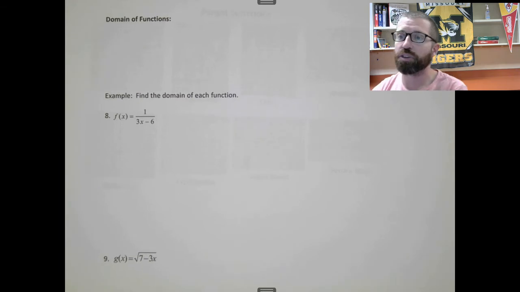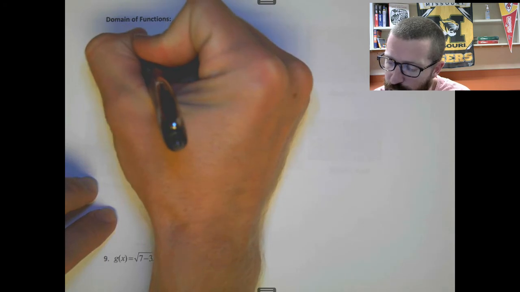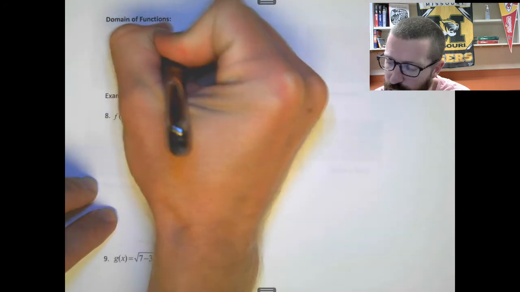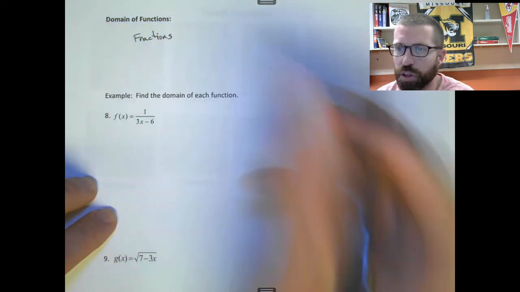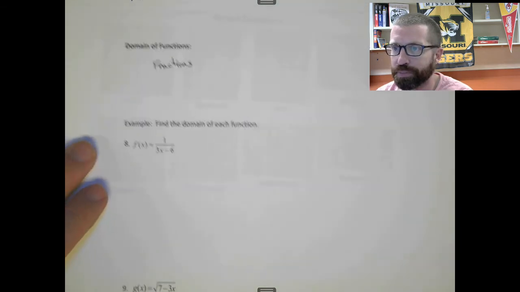Okay, so domain. There's a lot of things you can talk about with domain, but there are two really common places you can spot domain algebraically. And that's with fractions and even radicals.